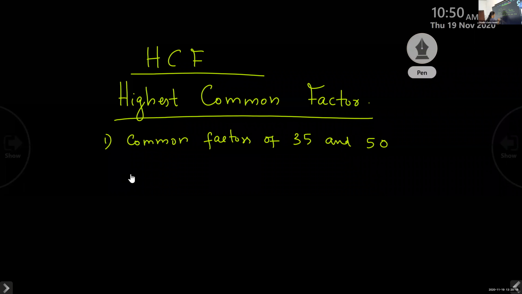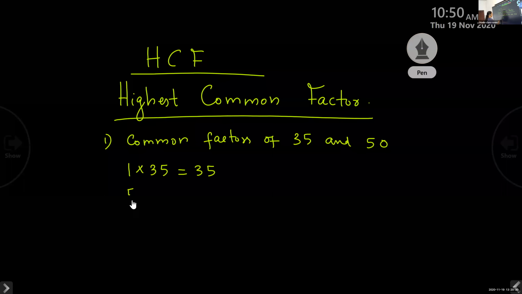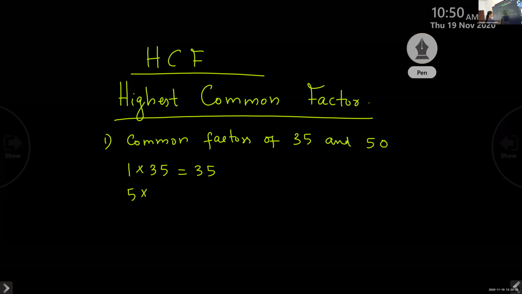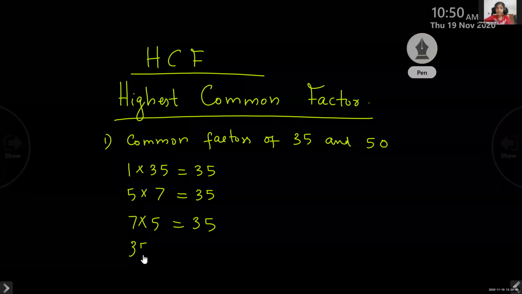For 35, we will write the factors. 1 into 35 equal to 35. Then 5 comes, right? 5 into 7 equal to 35. Now, 7 into 5 also equal to 35, and 35 into 1 equal to 35.